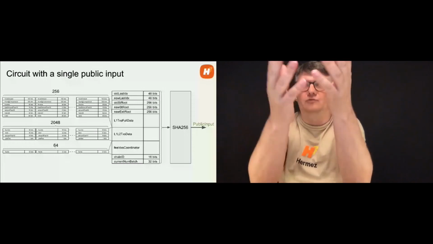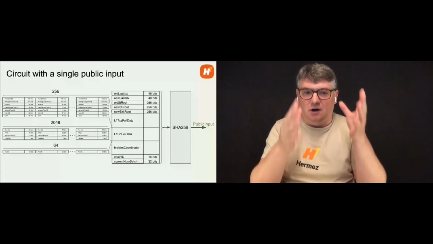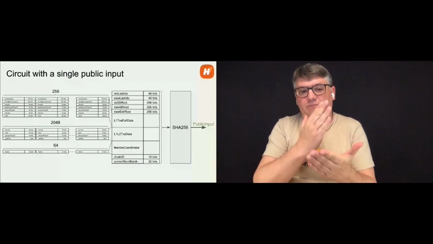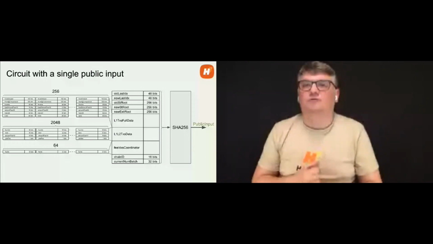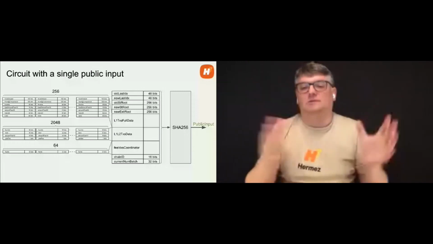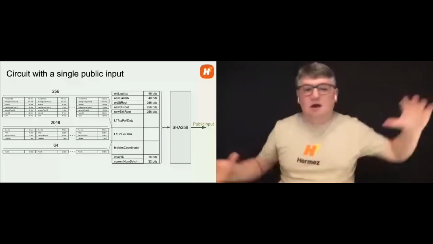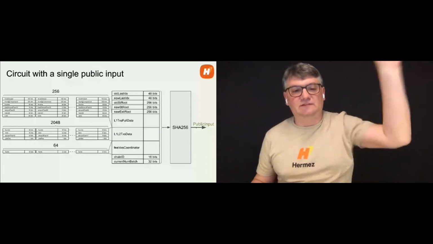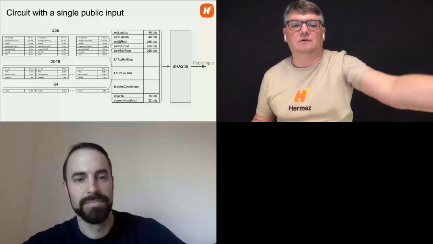So we need to keep control of that, and be sure that the indexes the smart contract keeps are coherent with the state. And we hash them all together, and we have this single public input. This is the single input that goes to the public circuit.